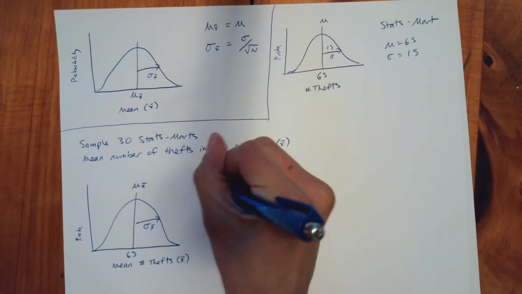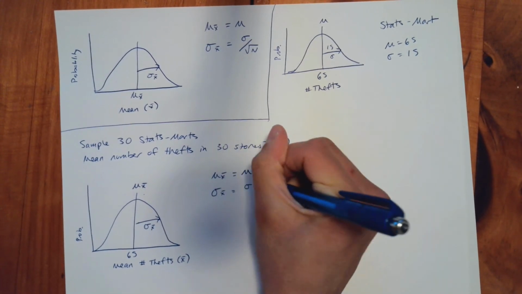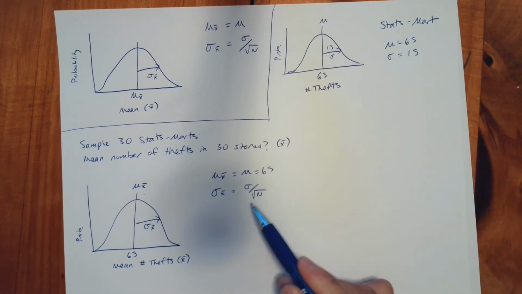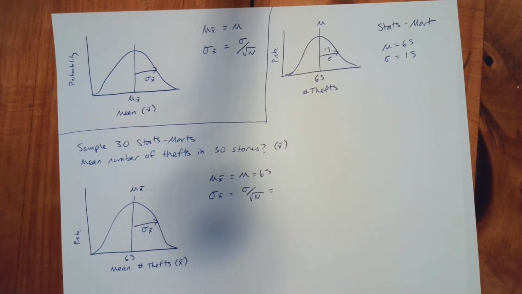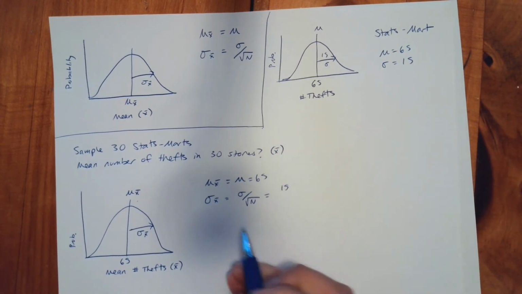We can also find the standard error for this distribution. And the standard error, as I said, is given by this equation, which is the standard deviation for the variable divided by the square root of the sample size. So these are just numbers that we can plug in. We know that the standard deviation for our variable is 15 thefts, so we can plug that in for standard deviation.